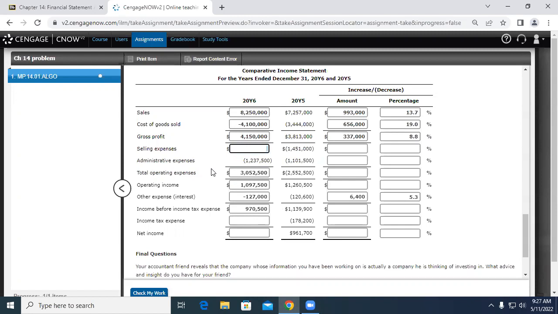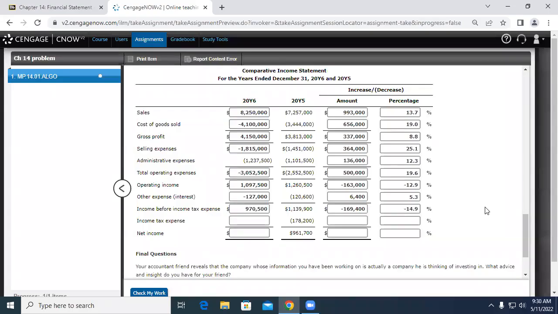We can subtract to determine how much was selling expense. To be consistent, now we can go ahead with the remaining calculations here, all the way down to income tax expense. I'm going to pause the recording and let you fill in those.